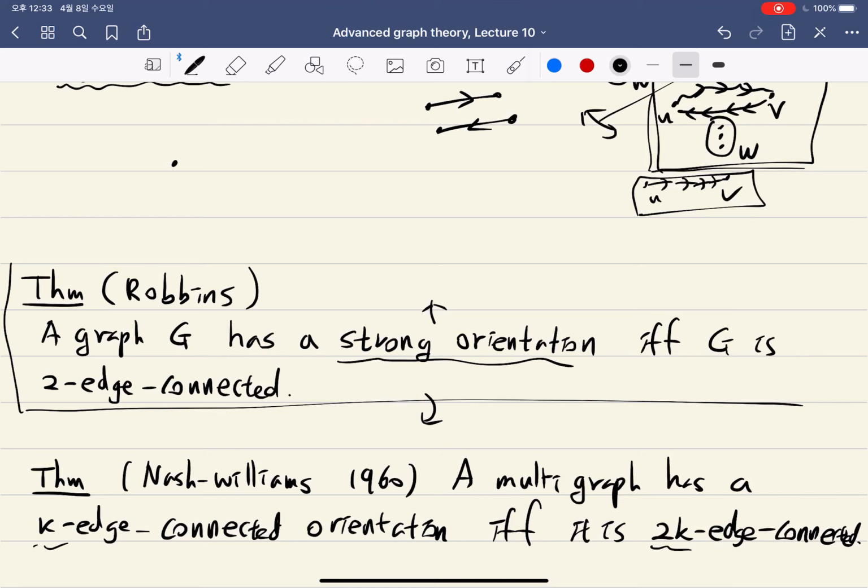It's kind of easy to see that this is best possible, because if a graph is 2k-edge connected, then there could be a vertex v with degree 2k. In that case, no matter how you orient it, either there are at most k edges going into v, or at most k edges going out of v. Which implies that its connectivity as an oriented graph must be at most k.